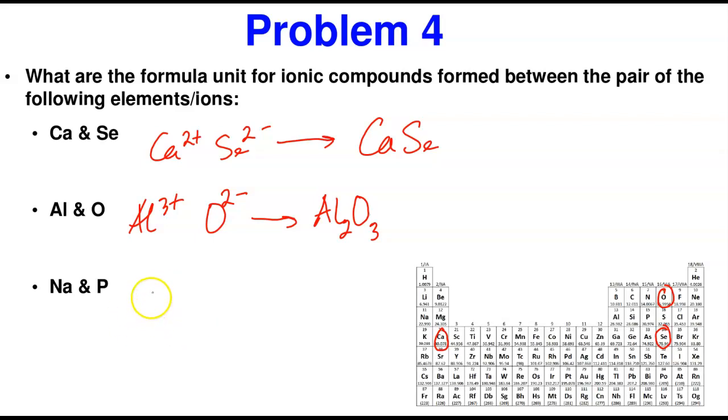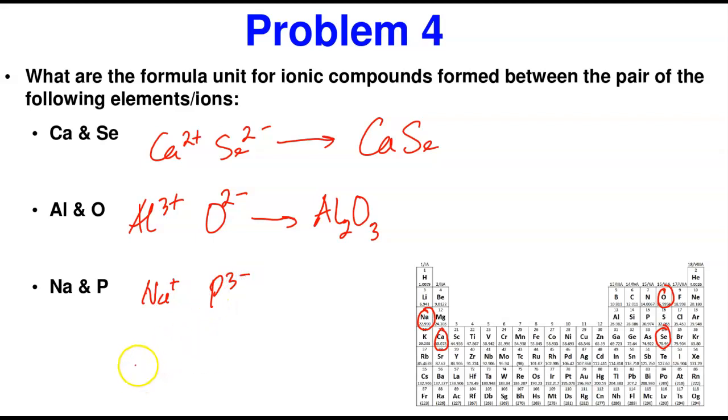Again, we do this. For this, we say sodium. So let me use the balancing to do this. Let's use the balancing. I've not used it for some time. So this is going to be sodium, of course, 1 plus. Let me give myself some space. Sodium is 1 plus because it's in group 1. Remember that. Phosphorus itself is group 5, so it's going to be 3 minus. So this will be P3 minus.